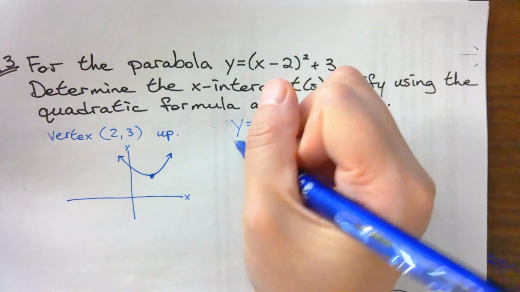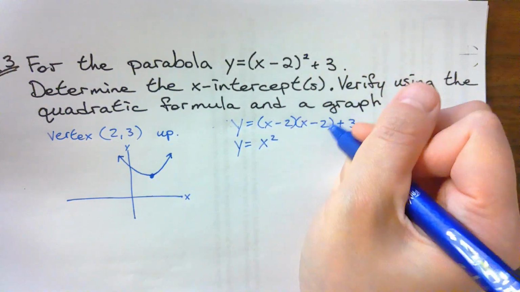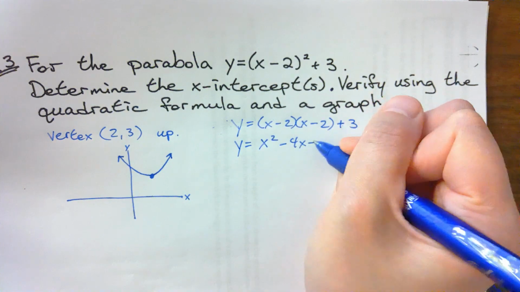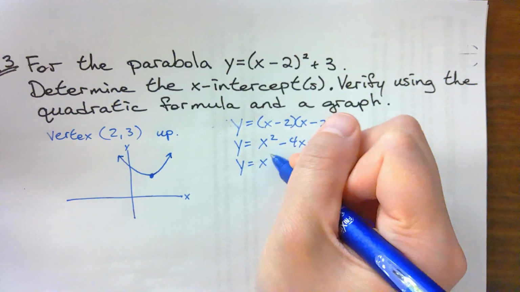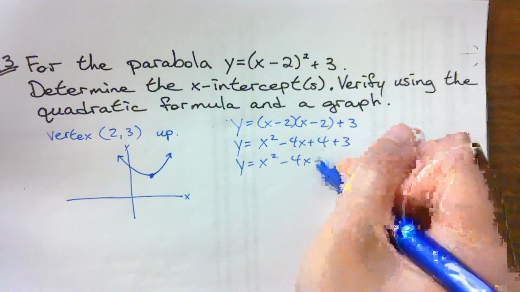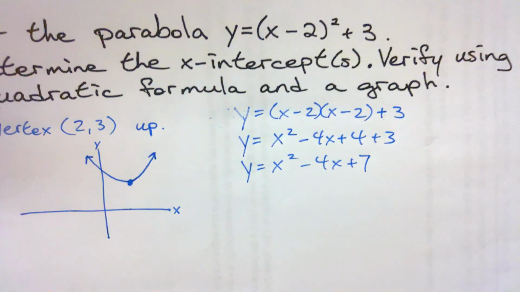Right? So y equals x squared minus 4x plus 4 plus 3. So after I do FOIL, I get this. Right? I'll zoom in on it.